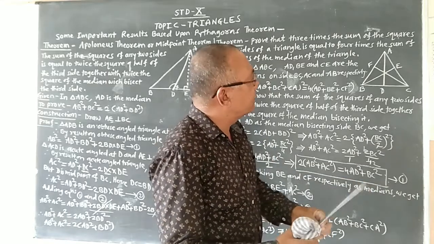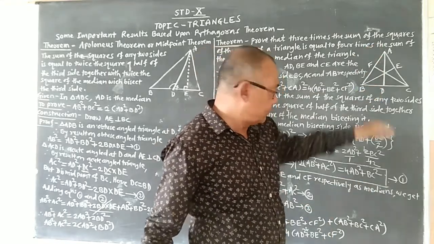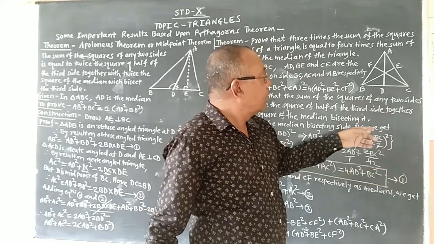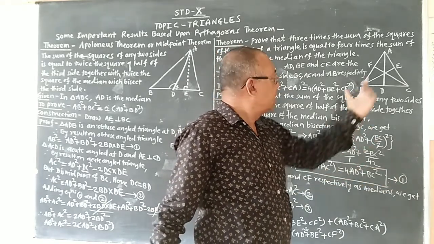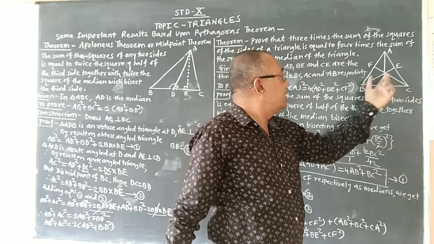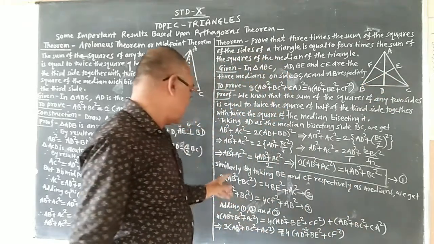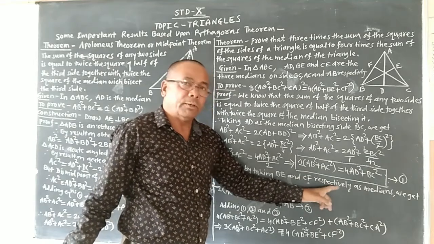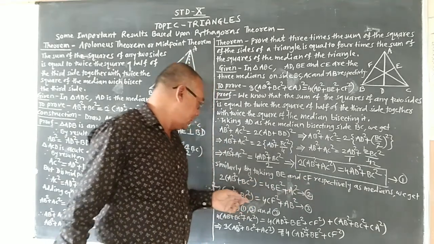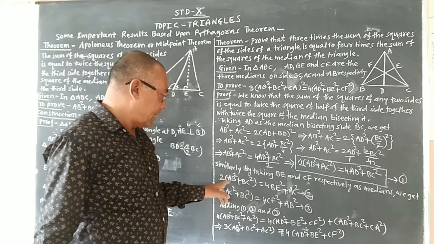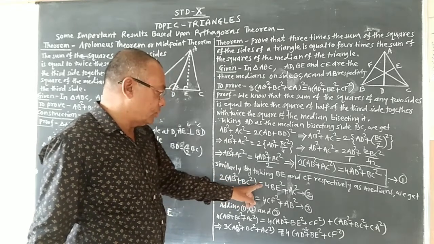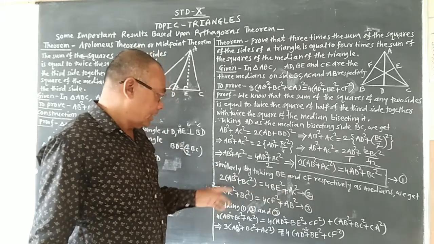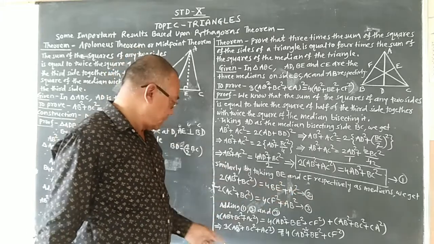So if we consider the median AD, then we will get equation number 1. Now if we consider the medians BE and CF, similarly, by taking BE and CF respectively as the medians, we get 2 into (AB square plus BC square) is equal to 4BE square plus AC square, that is equation number 2.